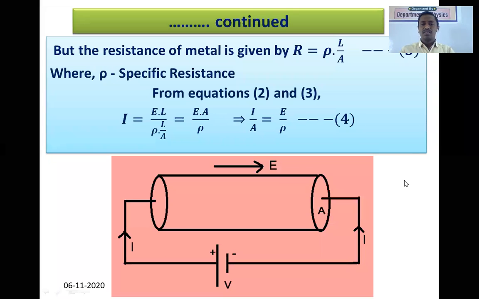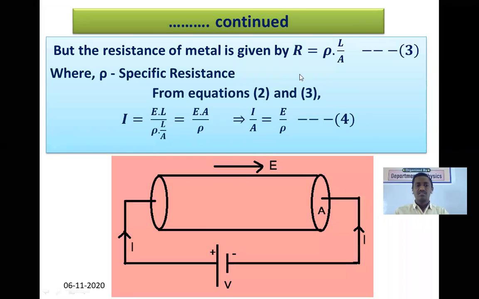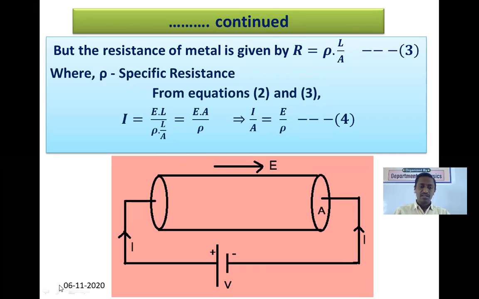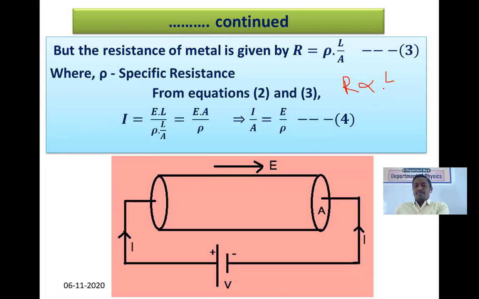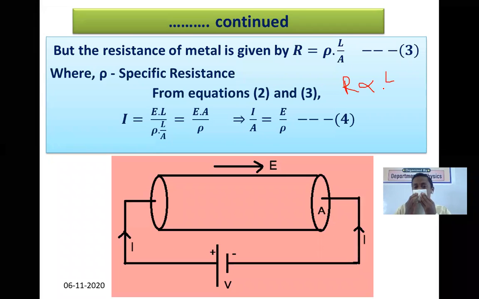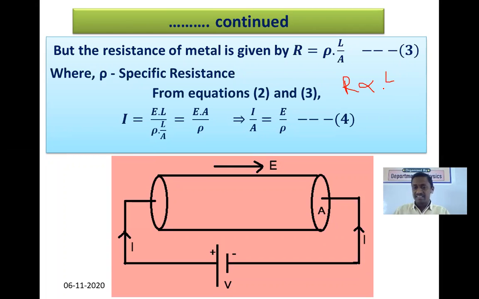Now we know from the general expression that the resistance of a metal, R, is directly proportional to the length of that conductor, and inversely proportional to the area of cross section of that material.